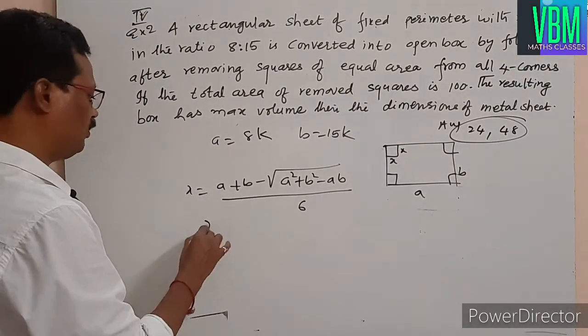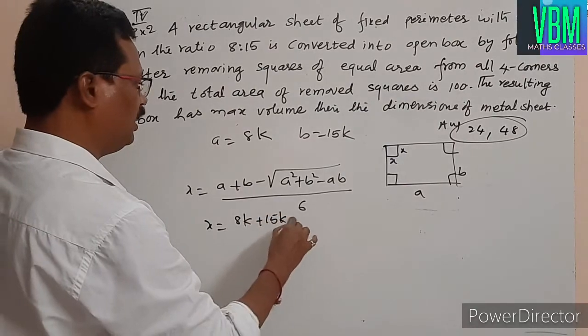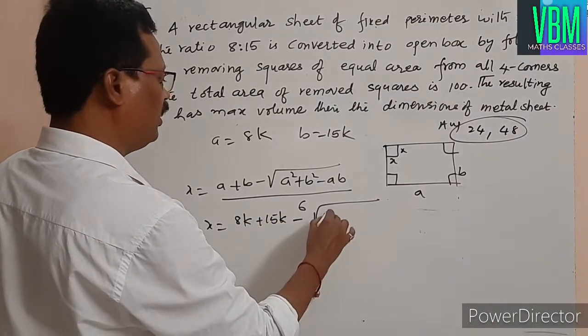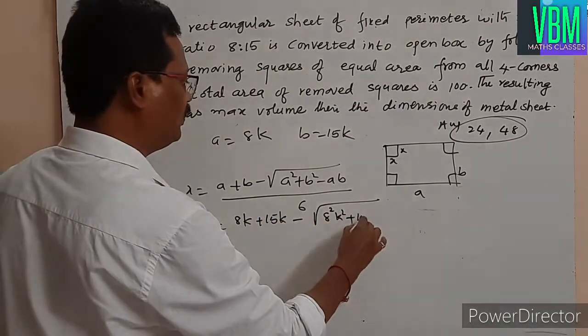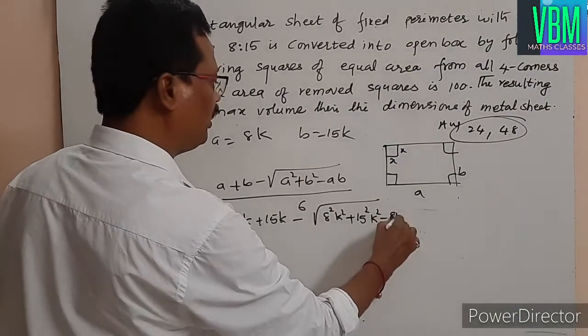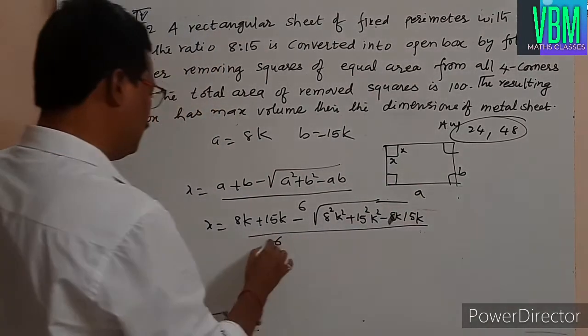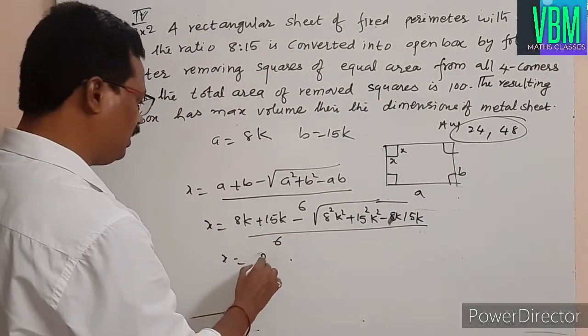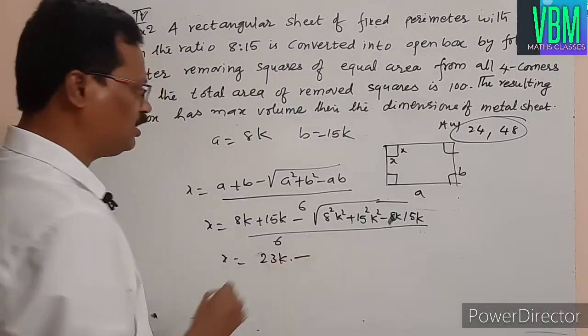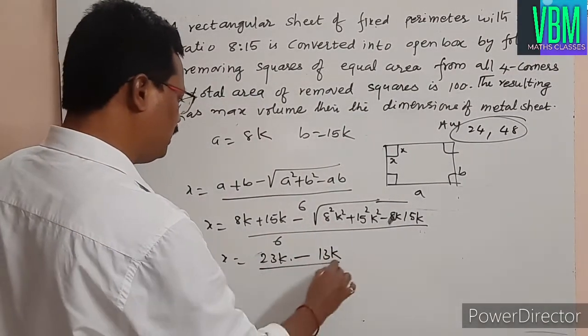Now put a is 8k, b is 15k: x is equal to 8k plus 15k minus under root of 8 square k square plus 15 square k square minus 8k into 15k, this by 6. x is equal to 23k minus 13k by 6.